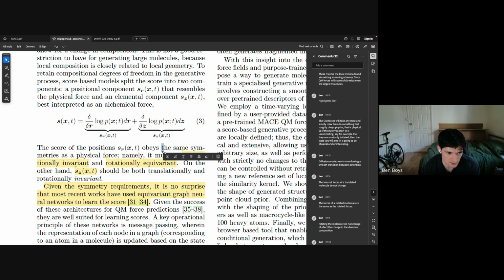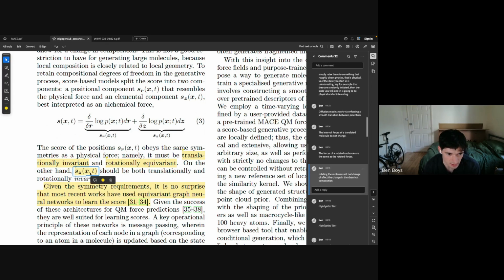So symmetries such as translationally invariant, so if you're shifting the molecule, the internal forces don't change, and rotationally equivariant, which means if you rotate the coordinate system, the internal forces would also rotate. And on the other hand, this alchemical force should be both translationally and rotationally invariant. And what that just means is rotating the molecule will not change or affect a change in the chemical composition.